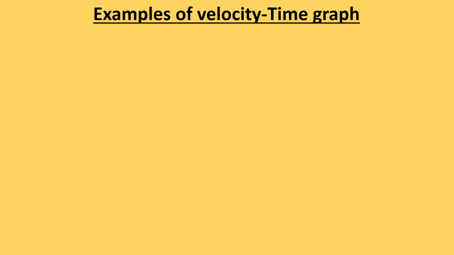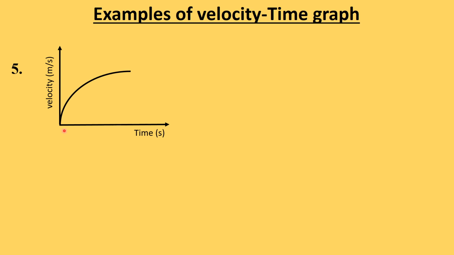On to our fifth graph. We have this kind of a graph whereby this is a smooth curve. That's the first thing that we can see. Now this graph is different from what we had previously in number 4. We can see that the velocity here is not constant. The velocity is changing, and the change specifically is an increase.